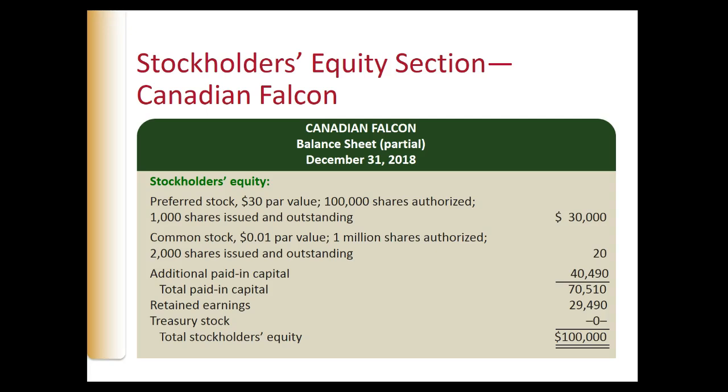As you see here, the preferred stock, $30 par value, 100,000 shares authorized, but 1,000 are issued and outstanding. Then we have common stock, 1 cent par value, 1,000,000 authorized, 2,000 are issued and outstanding. We have additional paid in capital, and then we have retained earnings.